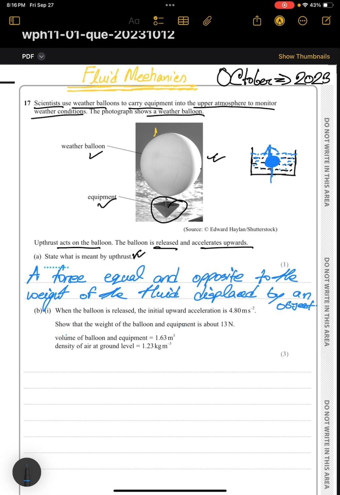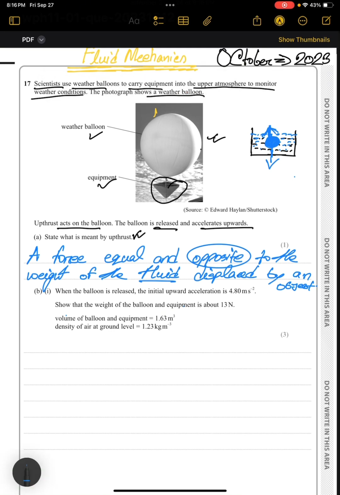We all know weight acts downwards and the upthrust force acts up. This is why the force is equal and opposite to the weight of the fluid. This is not the weight of the ball, this is the weight of the fluid displaced by the ball or the balloon.